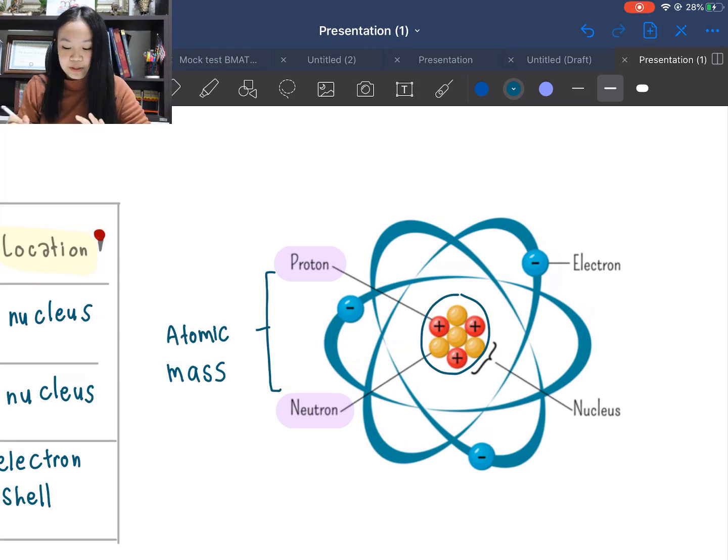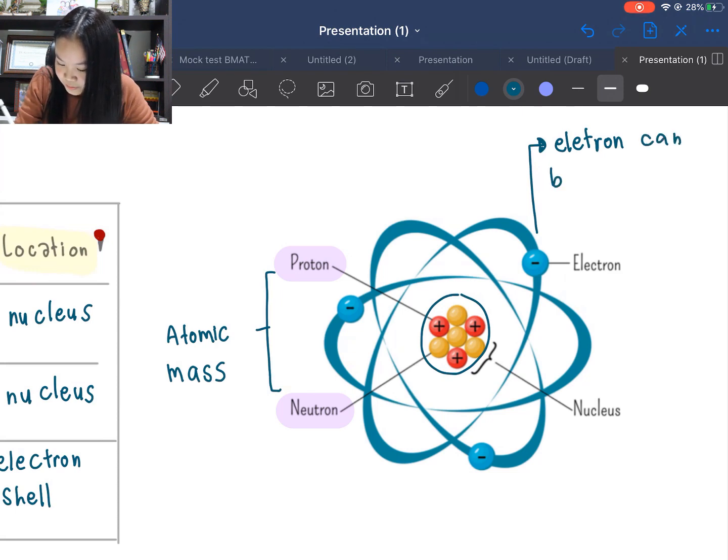Now, if you look, the electron can skip from place to place. So electron can be transferred. And we call this that the electron can be excited. And this is really important. Electron can be excited, so I'm going to put it in red. What do I mean by excited?